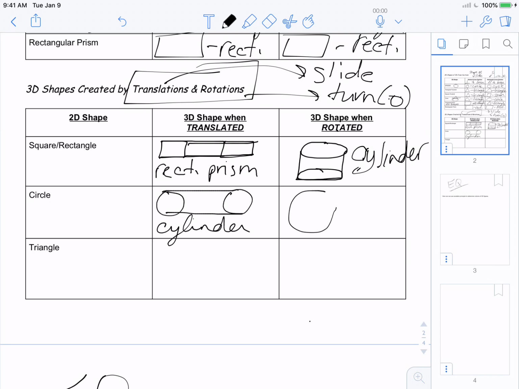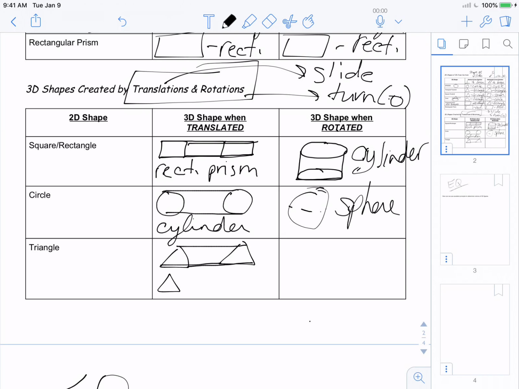If I have a circle and I just turn it, that's going to give me a sphere. Circles, turn it, that gives me more circles, creates a sphere. Last one, a triangle. Slid is a triangular prism. And then a triangle rotated would give me a cone.